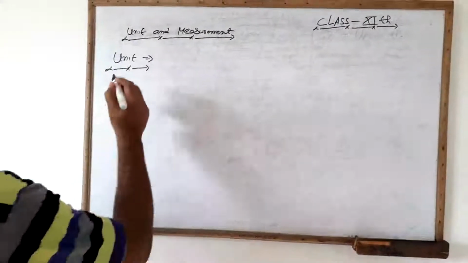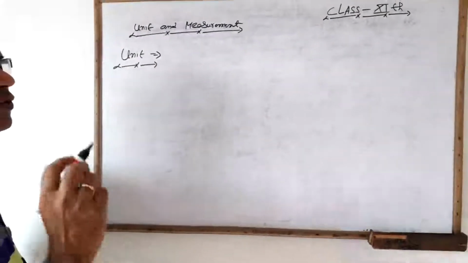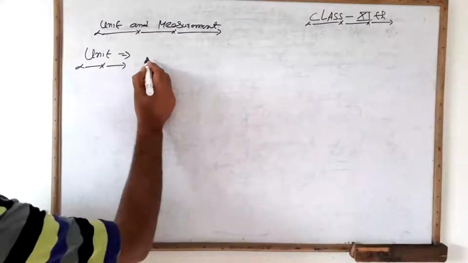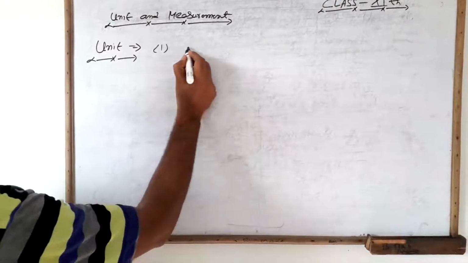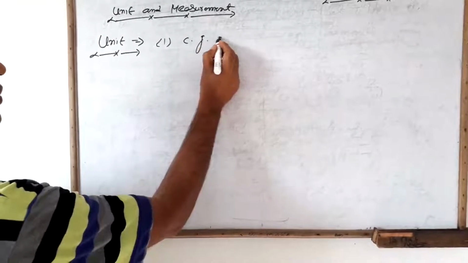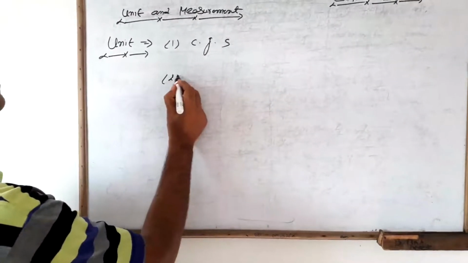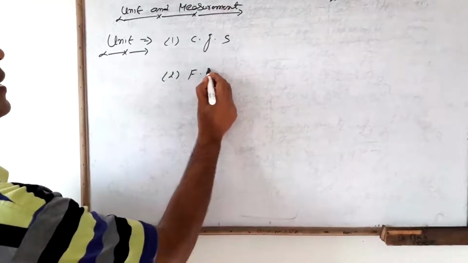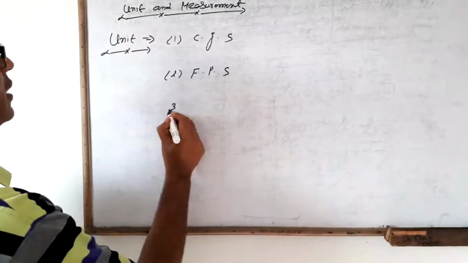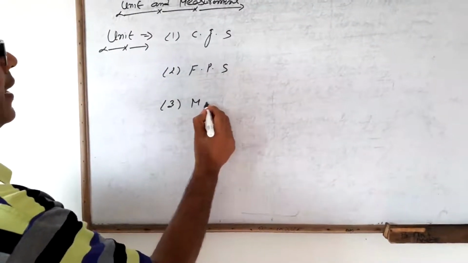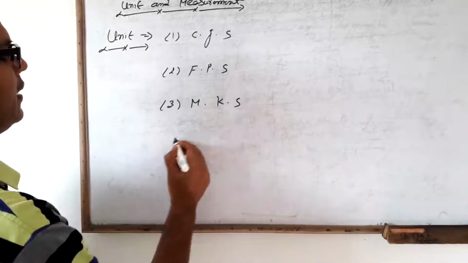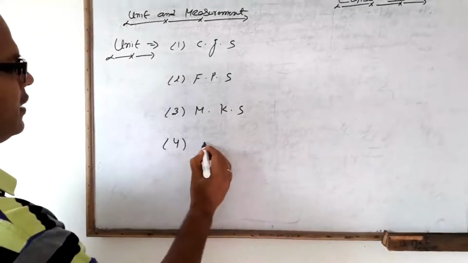Now we are discussing the types of units. There are various types of units. First is the CGS, second is the FPS, third is the MKS, and fourth is the SI.